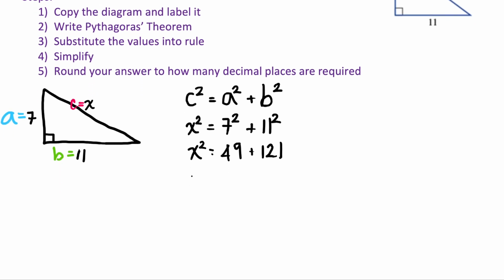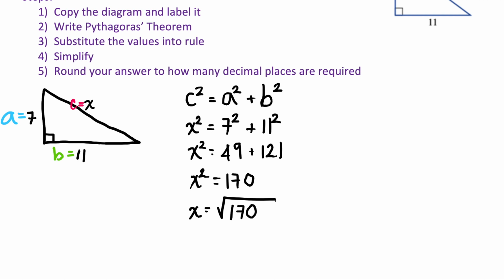And then x squared is equal to 49 plus 121 is equal to 170. And then we do a square root on both sides. So then you get that x is equal to the square root of 170.